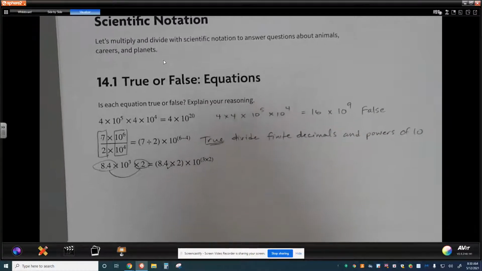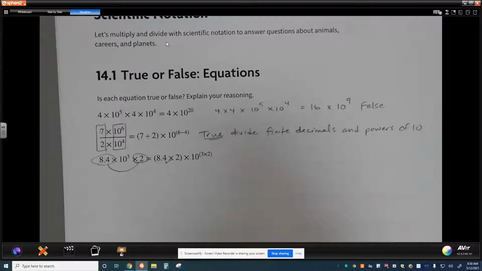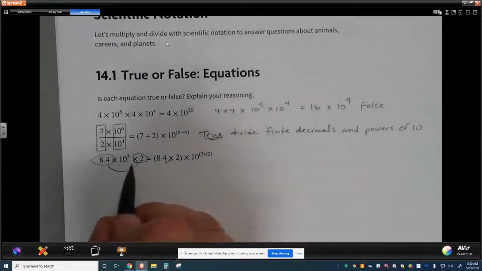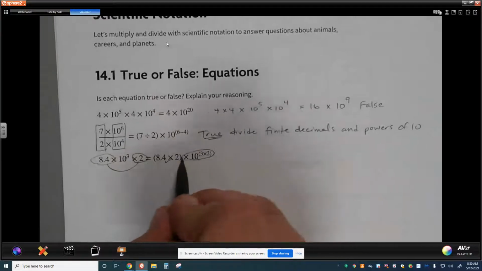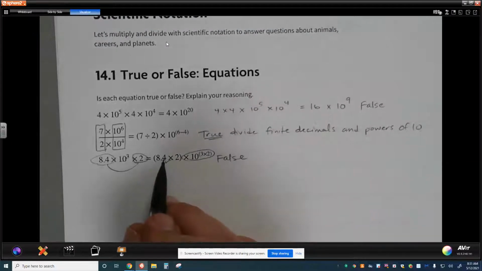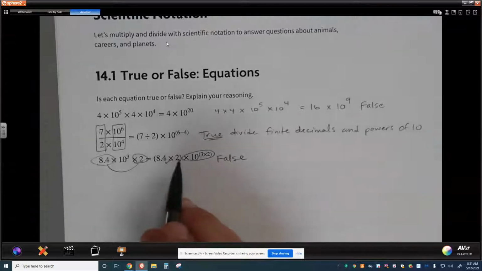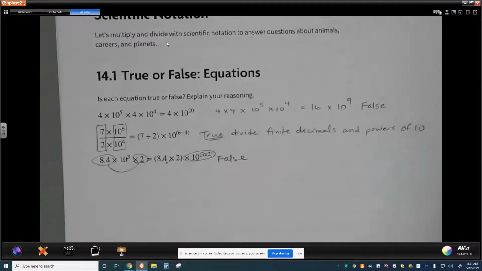That one might raise an eyebrow, and you might think, what in the world, how did they get that? And I think what somebody was thinking was, since this says times 2, then we would multiply that by 2. So this part right here makes this false. The two decimal values or the numbers in standard notation are good, but multiplying by that power is not.